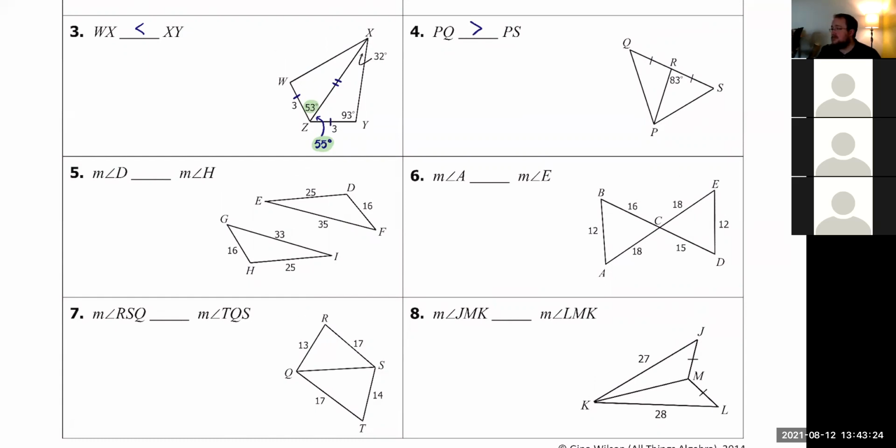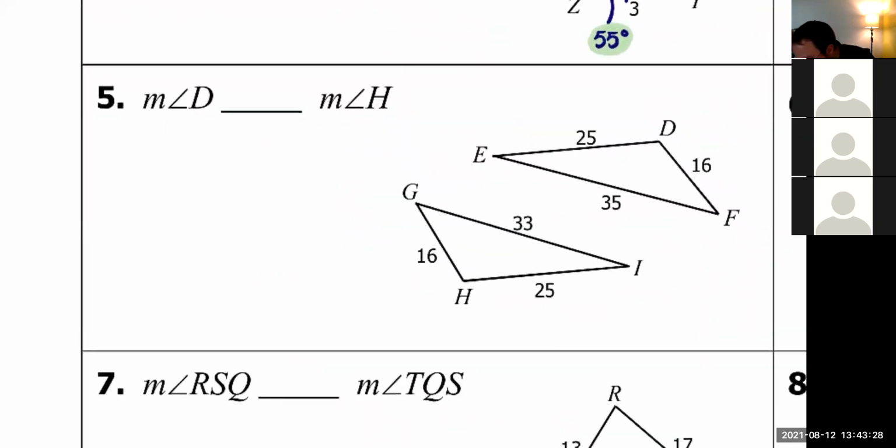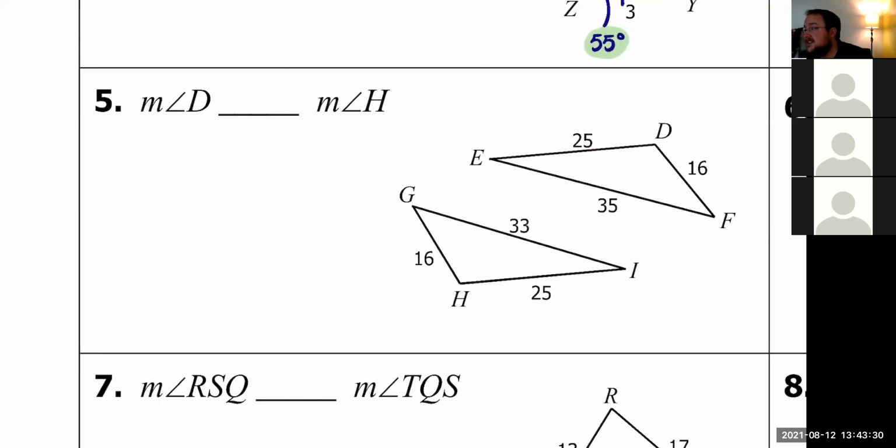But remember, the same idea still works. You still want to find the congruent pair of sides though. Spot those first. So I'm looking at this one. I see 25 and 25. So ED and HI are congruent. And then I see the 16.